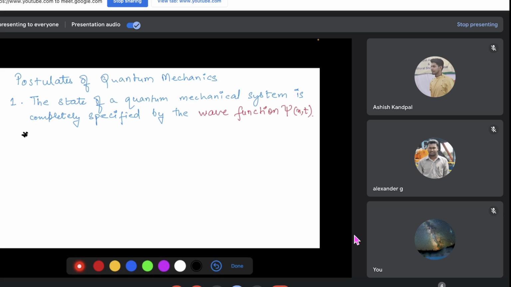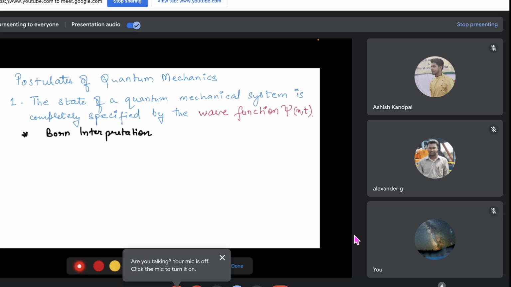There is another idea which we can use, and that is what we call the Born interpretation. This Born interpretation suggests that although the wave function itself does not have any physical meaning, what has physical meaning is psi star psi.